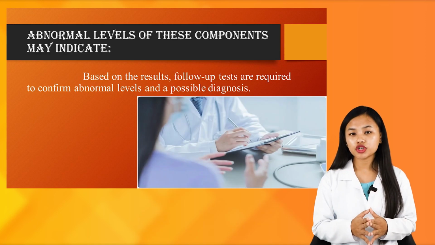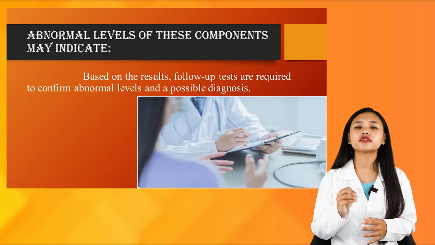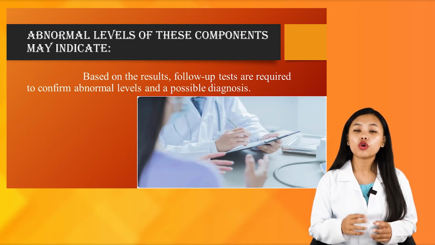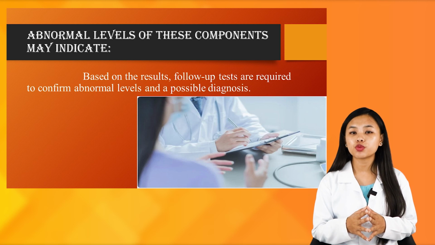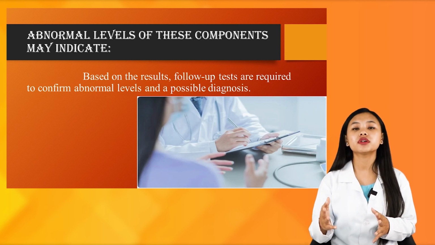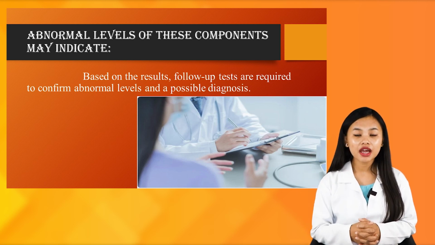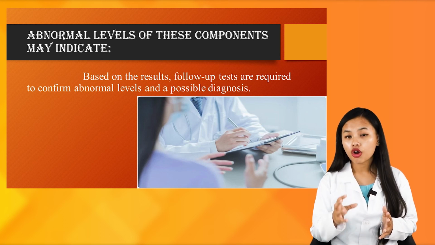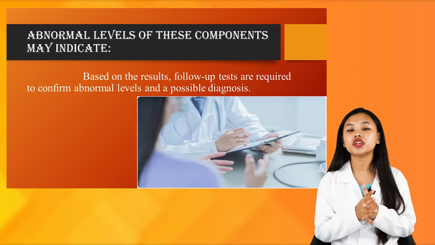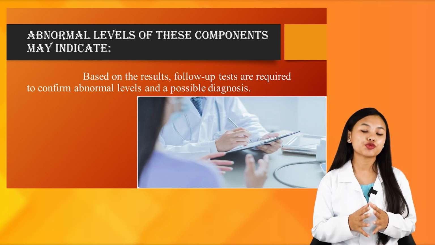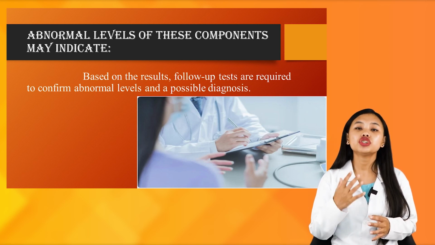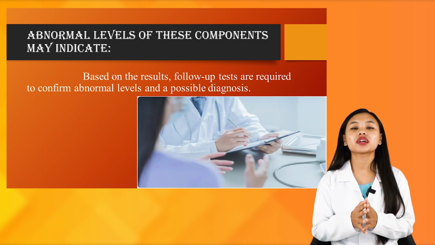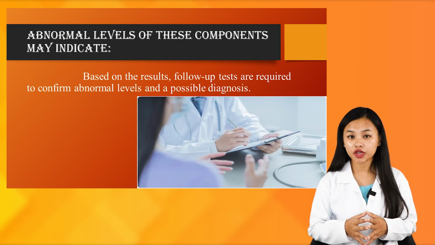If there is any abnormal level of these components, then it may indicate the presence of these conditions. Here it is important to note that after any abnormal level has been found, we must make sure that we conduct the various follow-up tests in order to get a correct idea of the cause of the abnormal level, as well as to be able to diagnose the correct condition of the patient.